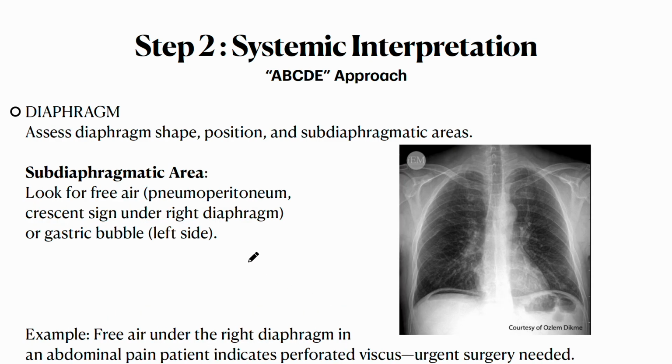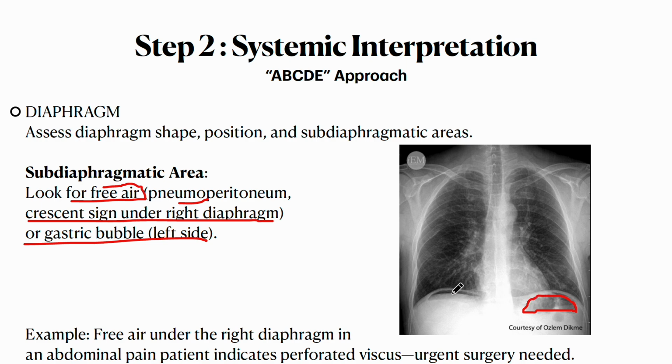So let's talk about subdiaphragmatic area. In those cases, we have to look for free air as in pneumoperitoneum, crescent sign under the right diaphragm, and also gastric bubble on the left side. Gastric bubble on the left side, right? This is the fundus area. There is always a gas in here in a normal X-ray too.